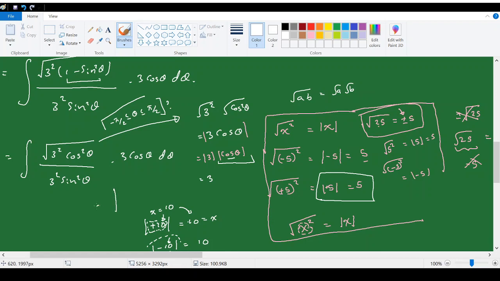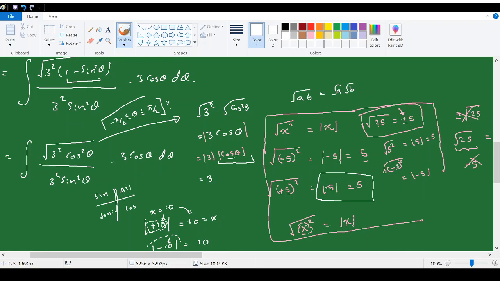Remember, these are the quadrants, right? All the trigonometric terms are positive in the first quadrant. Here sine is positive. In the third quadrant tan is positive. In the fourth quadrant cosine theta is positive, right?